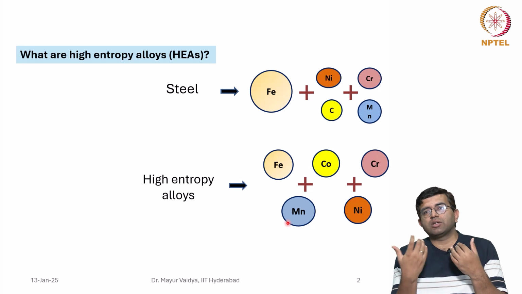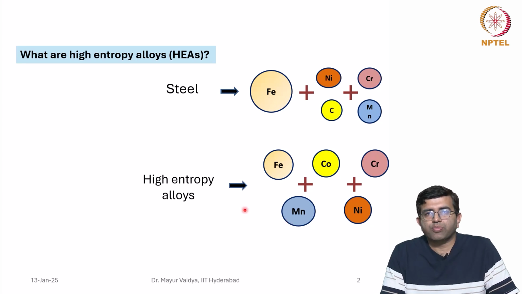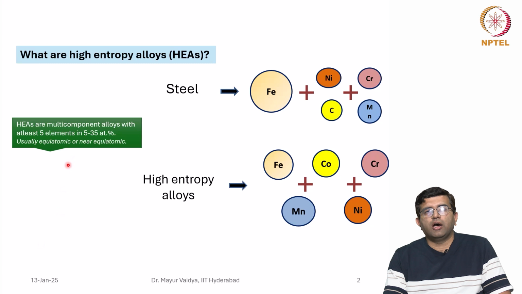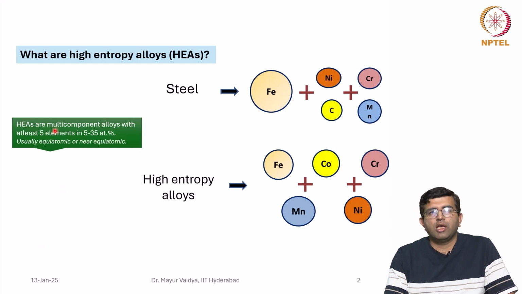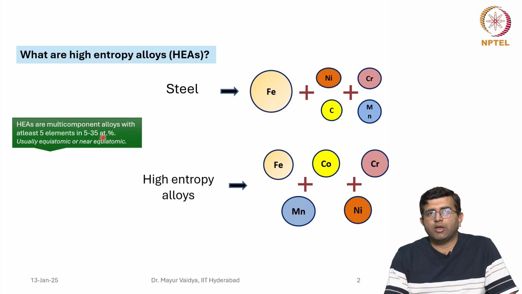That is the novel concept of high entropy alloys. One formal definition is multi-component alloys with at least 5 elements in 5 to 35 atomic percent. So, usually equiatomic or near equiatomic ratios are taken.